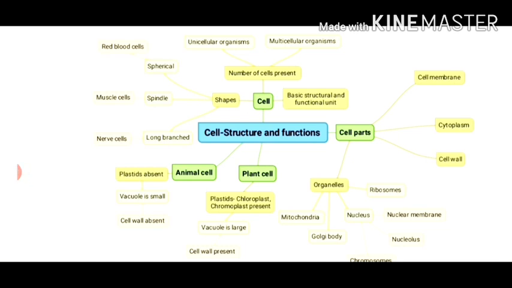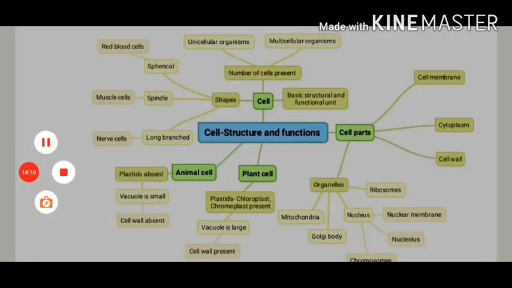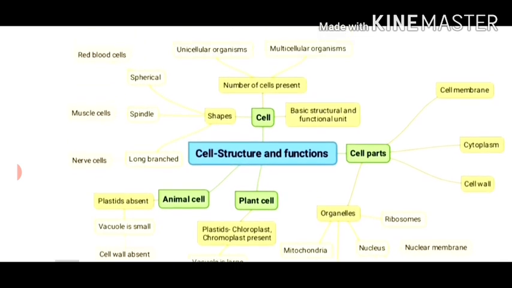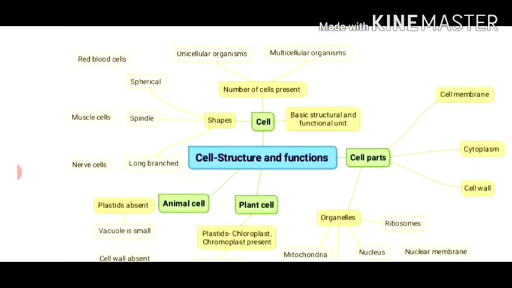Now, we will have a brief summary of all the topics which we did in this chapter. Firstly, we discussed cells and their discovery. Cells are the basic structural and functional unit of all living organisms. Cells were first observed in cork by Robert Hooke in 1665.